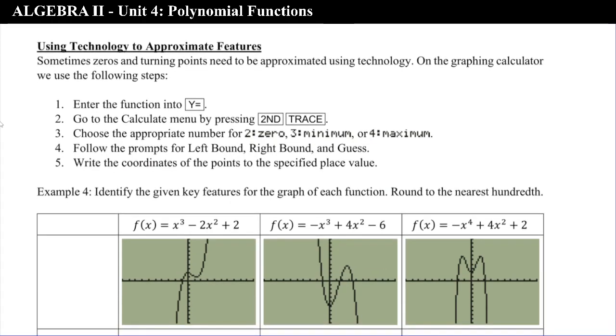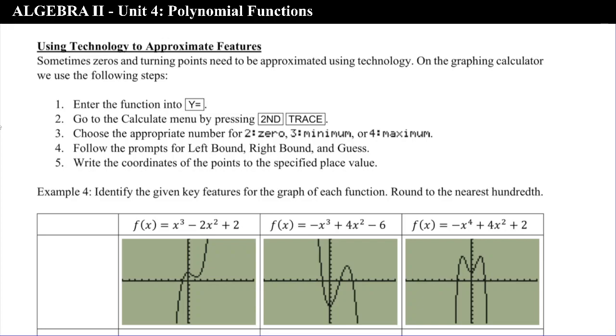Okay, so for this last section, I'm just going to briefly go over how to do this. I'm not going to show you with the graphing calculator how to do this part. If you need a little bit more detail on how to use your graphing calculator to do these things more specifically, I would refer you over to the section 3.1 video where I went over how to find zeros using a graphing calculator. We're going to be doing that again here, but we're also going to be doing the minimum and maximum.